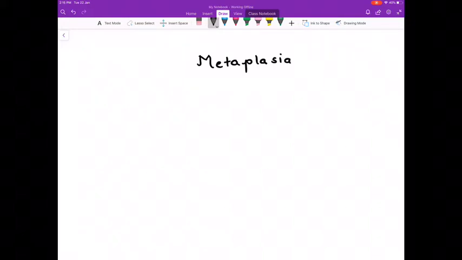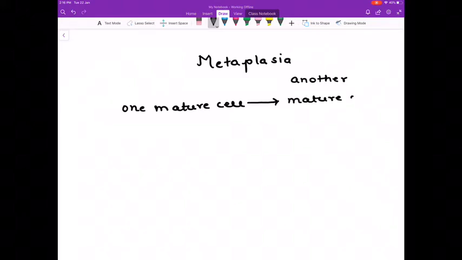First important part which has been asked multiple times in recent examination, what is the definition of metaplasia? To be precise, in metaplasia, one mature cell or one adult cell is converted into another mature cell type. Again, one mature cell type is converted into another mature cell type.